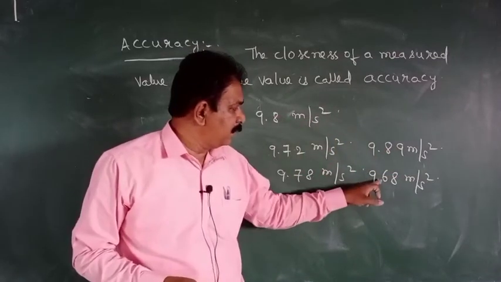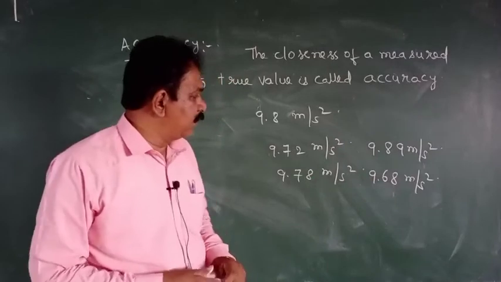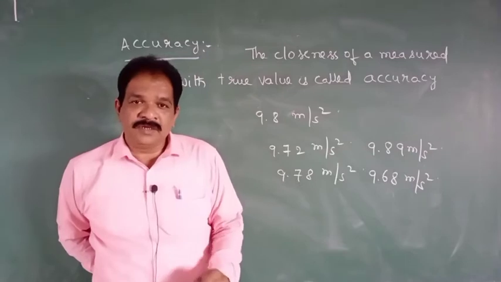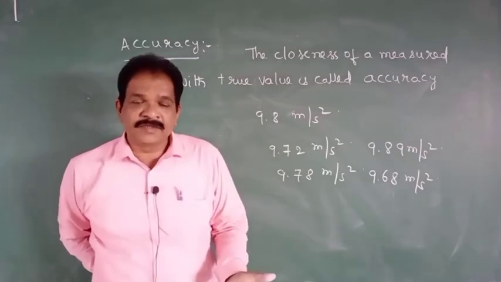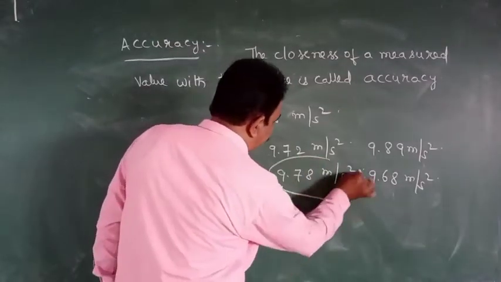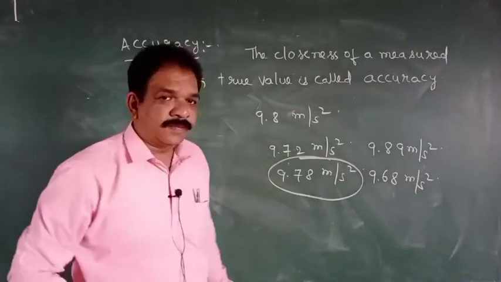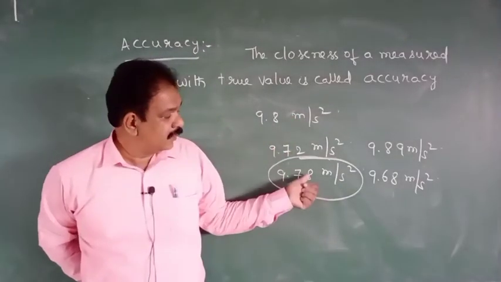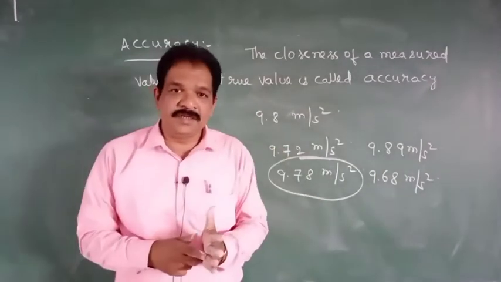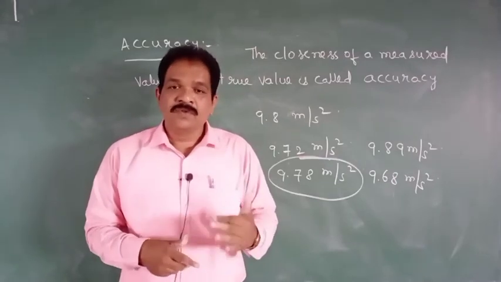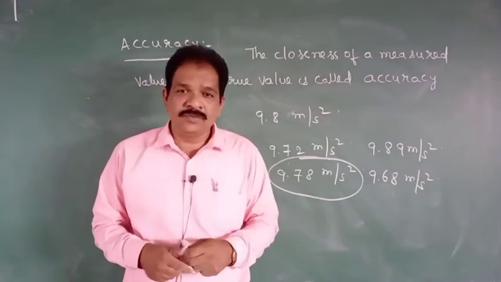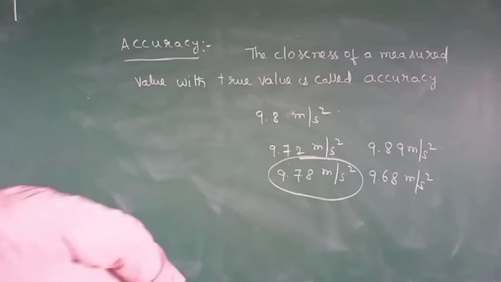Here 0.12, like that. So where the error is minimum in any reading, that will be called the accurate value. Among all these, you observe this value. This is very close to the true value. Then this is called the accurate value. Understanding? Accuracy means the closeness of the measured value with the true value.